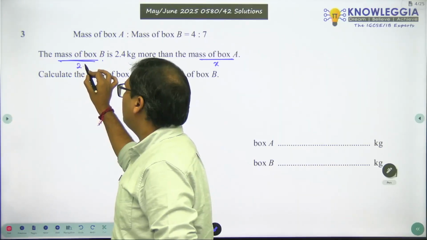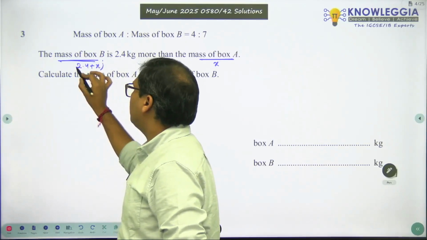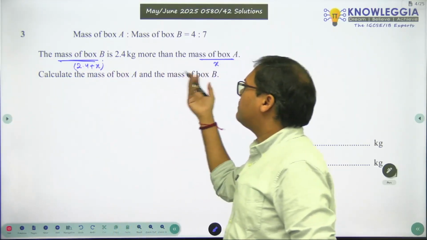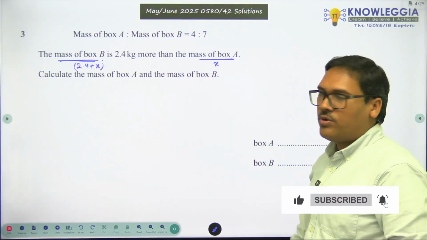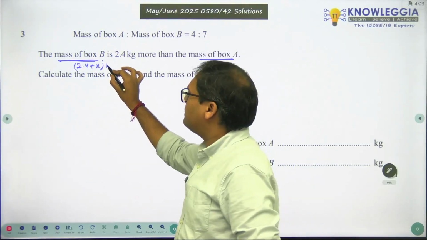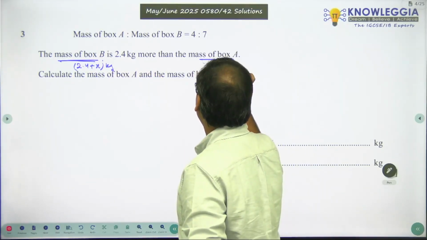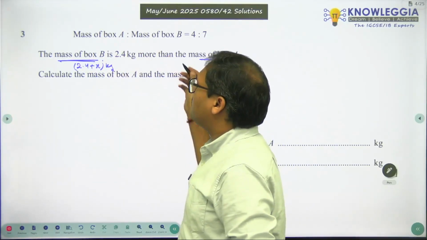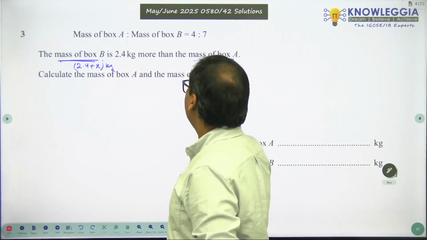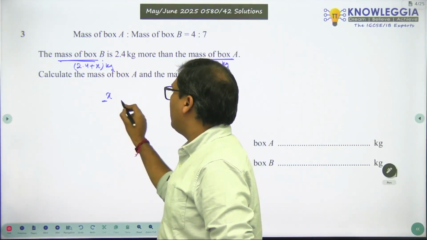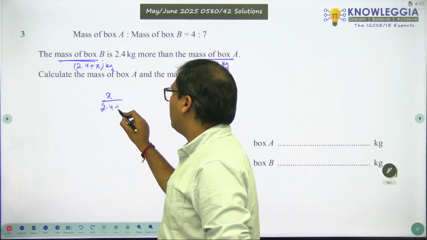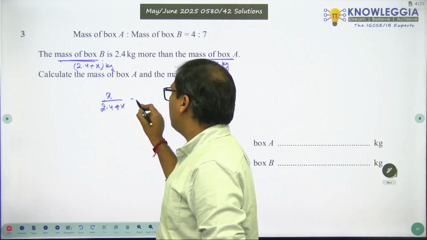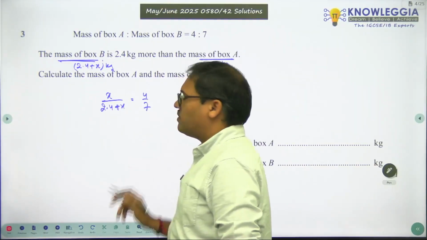This is 2.4 plus x kgs, because it is 2.4 kg more. The ratio of mass A upon mass B, that is x upon 2.4 plus x, is equal to 4 upon 7. This is the ratio which is given.